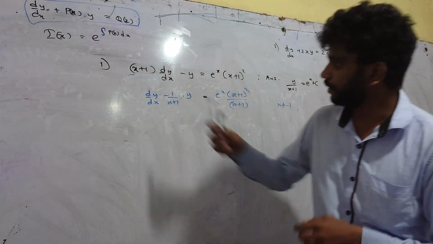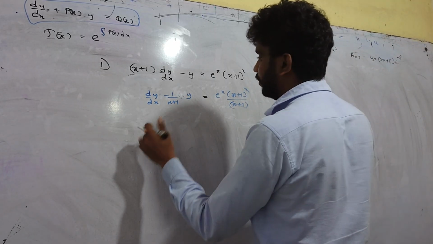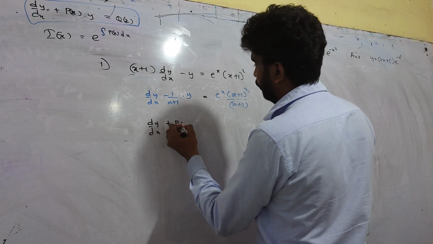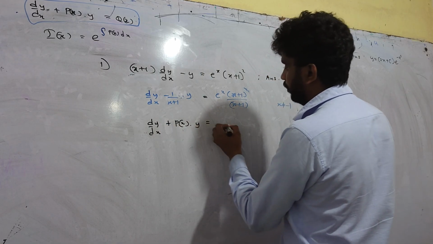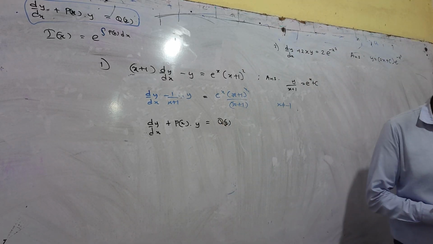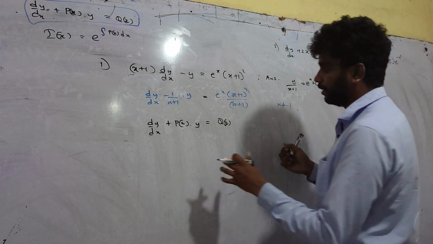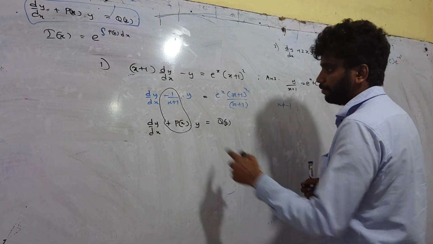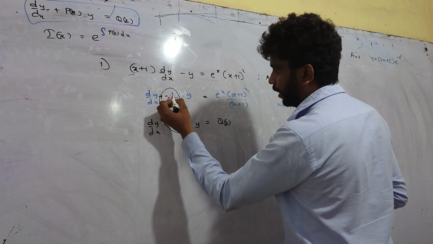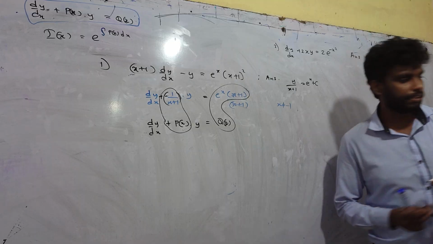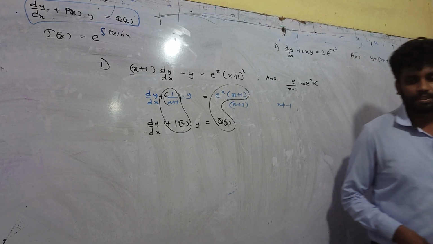You can see now it's according to the general format, which is dy by dx plus p of x into y equals q of x. Could you understand? Then who is p of x? This is p of x, because this sign is plus minus, and this is q of x.